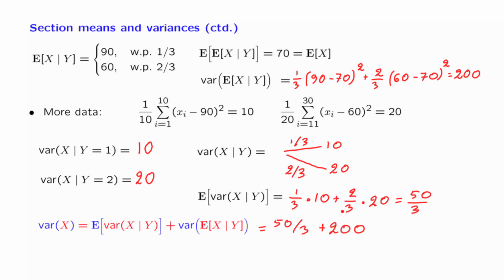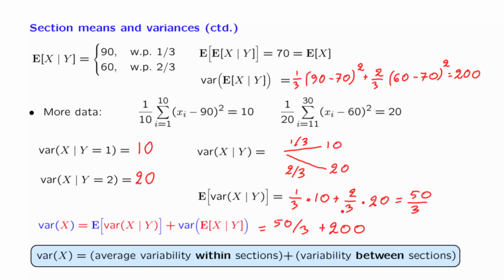Now let us interpret the law of total variance in this context. The interpretation is as follows. The variance of the student scores in the entire class consists of two pieces. The first piece looks at the variance inside each section, which is 10 or 20 depending on which section we're looking at, and we take the average over the different sections.